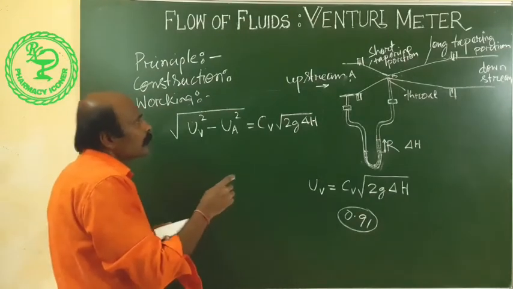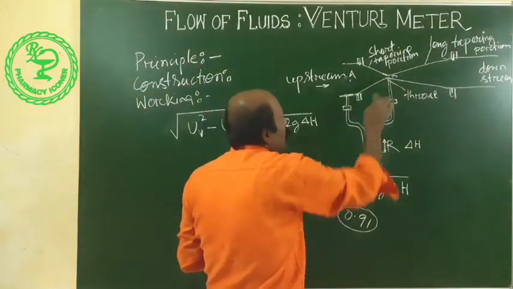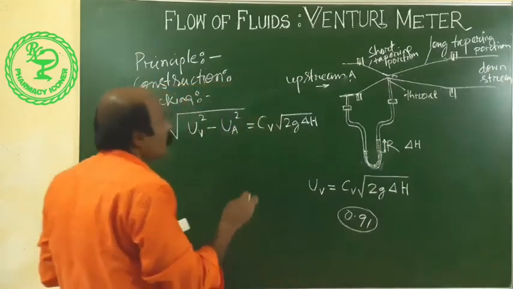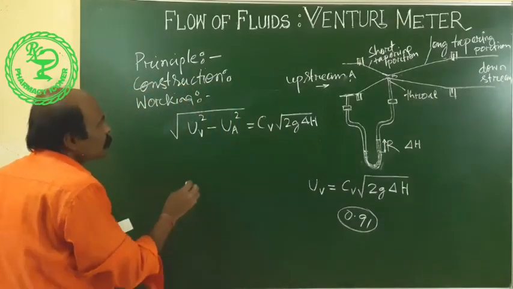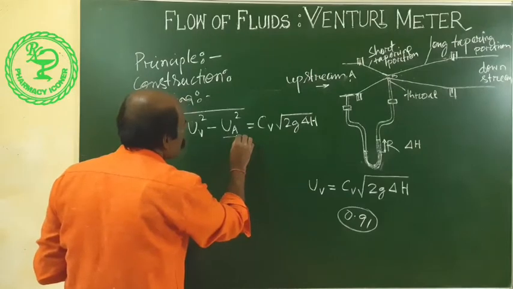Now when the throat diameter is 1/5 or less of the pipe diameter, then we can neglect the U1.